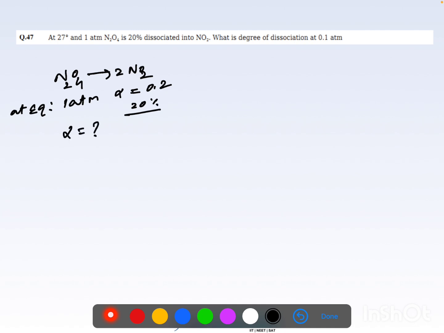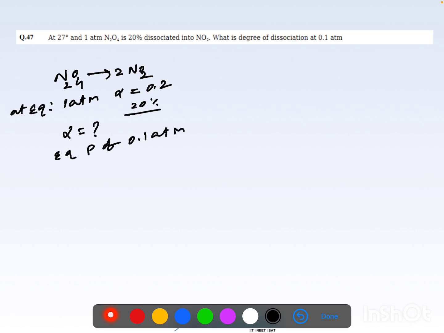At 27 degrees, N2O4 dissociates into 2NO2. At equilibrium, the pressure is mentioned as 1 atmosphere, and the degree of dissociation, alpha, is 0.2 or 20%. The question is, what is the degree of dissociation at equilibrium pressure of 0.1 atmosphere?